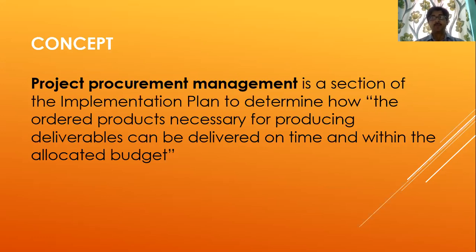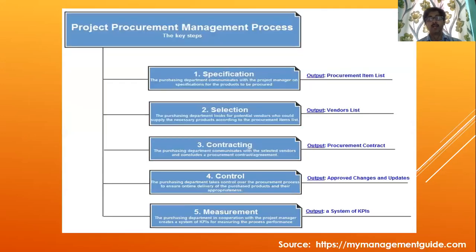What are the steps in project procurement management? Here we have a schematic diagram that helps us understand that there are 5 steps. The first step is known as specification.